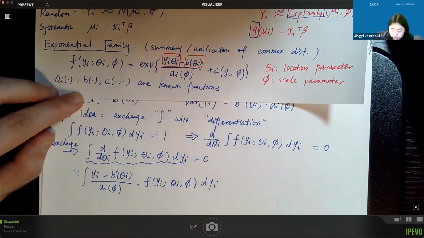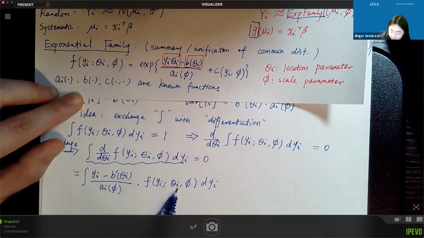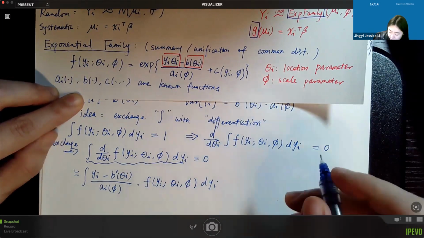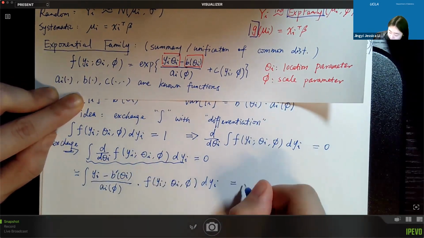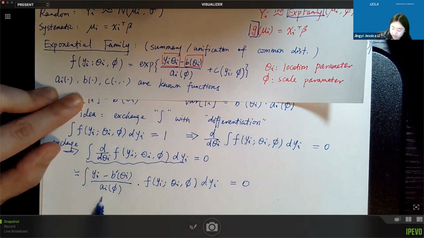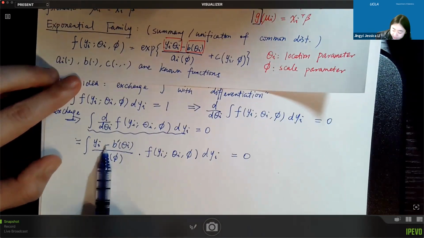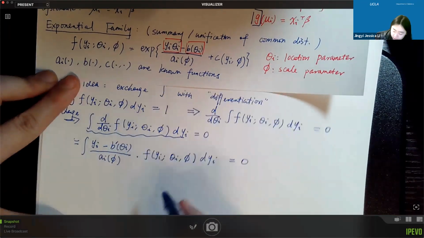That's what we have. And then this term can be separated into two terms. We know this is equal to 0 from here, so the multiplier can go away because we have 0 here. I can separate this term into two parts.